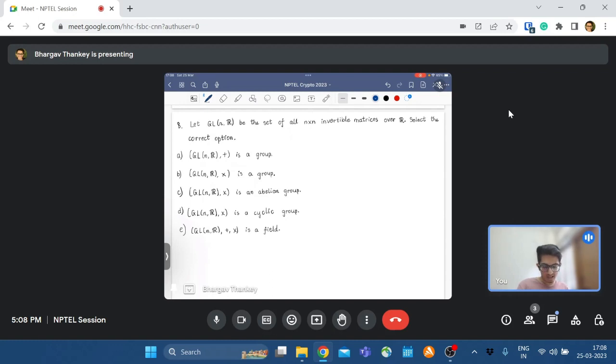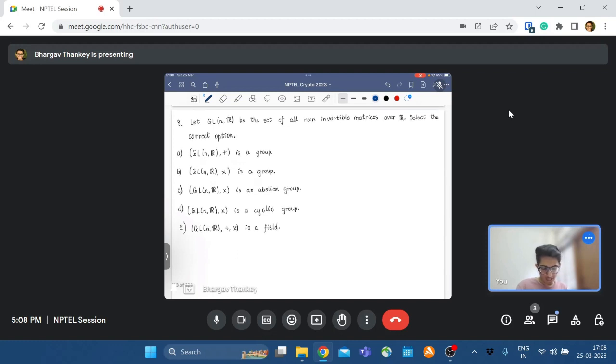Let GL n comma R be the set of all n cross n invertible matrices over the field of real numbers. Then select the correct option. Option A is GL n comma R with addition operation is a group. Over here by addition and multiplication, I mean matrix addition and matrix multiplication.